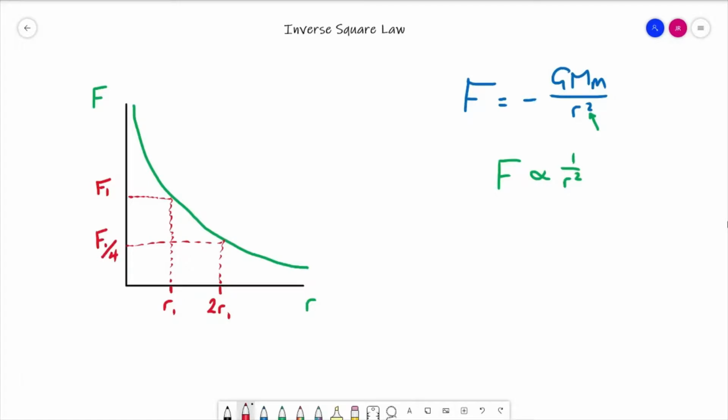So we've doubled the distance, 1 over the square of 2 gives us 1 over 4, and therefore we've quartered the force. If we were then to move out to 3 times that distance, we would end up with 1 over 3 squared of the force, and we would therefore end up with F1 over 9.